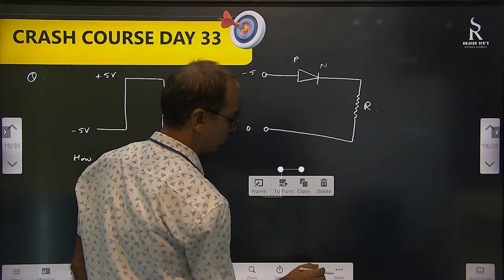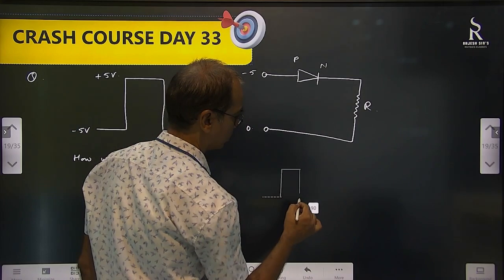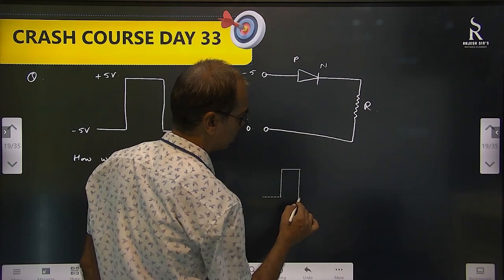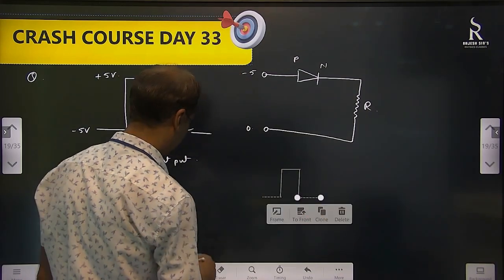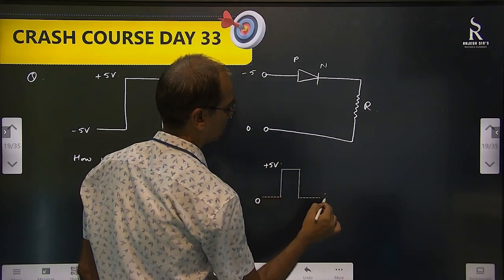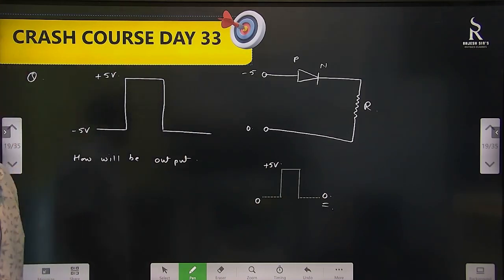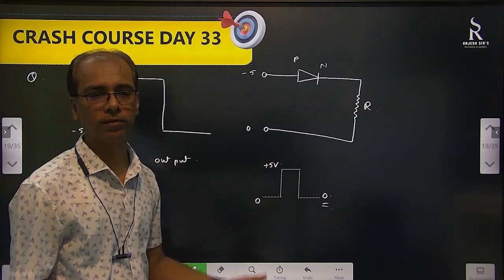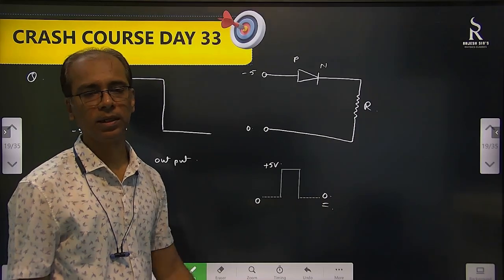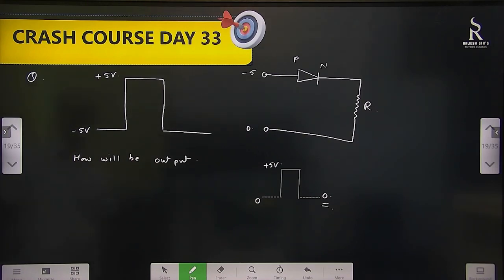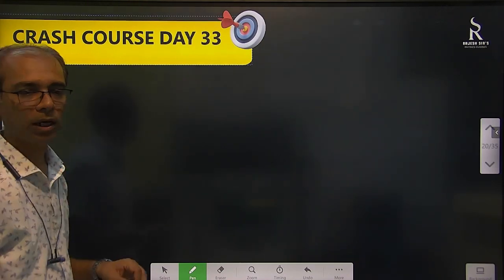Then again 0. Very similar to the input only, right? But smaller, because this is not minus 5. This is 0, plus 5, 0. This will be the output. Okay, very similar to how the input was, but input was minus 5 plus 5. Here we are getting 0 and plus 5. You are not getting the minus sign because that became reverse biased. Right? So these are the questions based on PN junction diode.